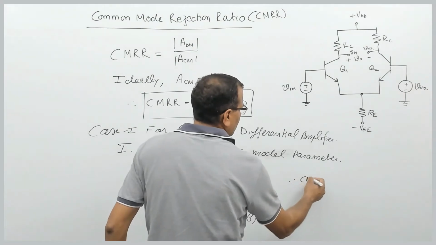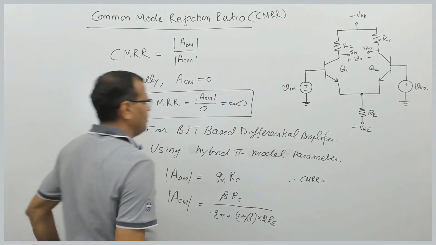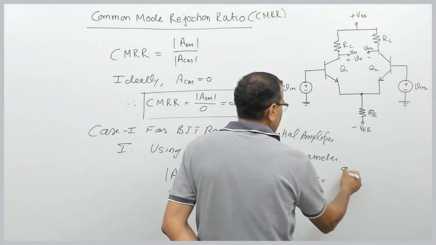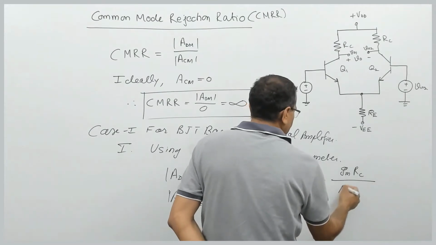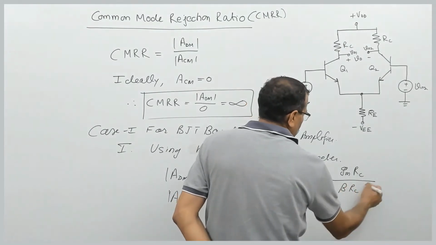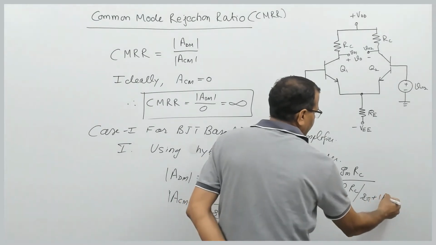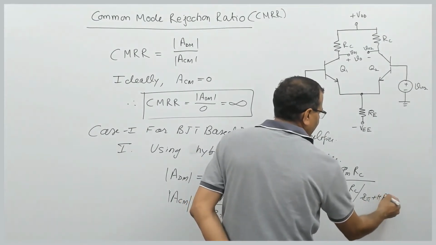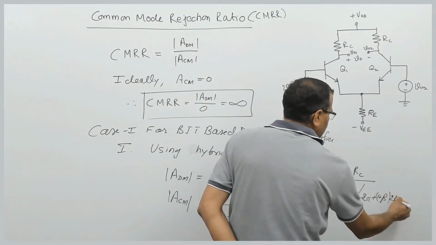Therefore, the common mode rejection ratio for this hybrid pi model comes out to be gm into RC divided by beta RC whole divided by r pi plus 1 plus beta into twice RE.